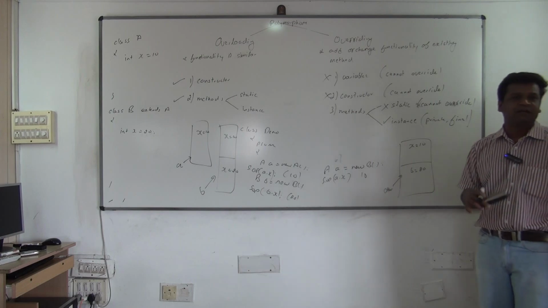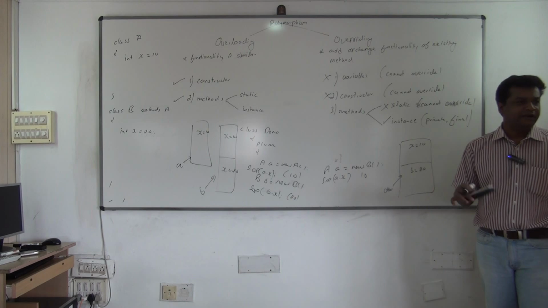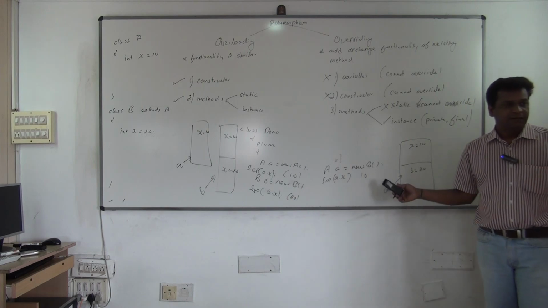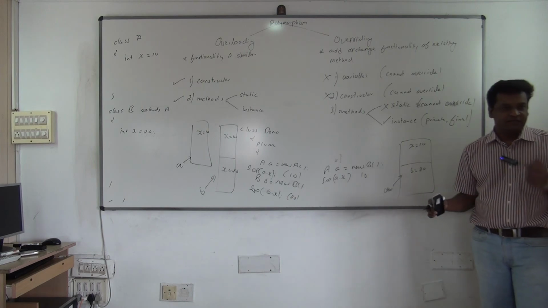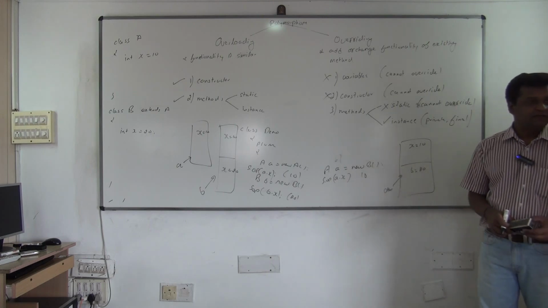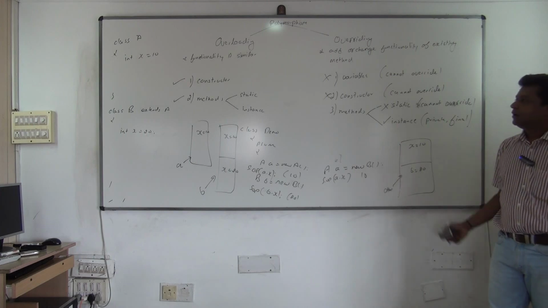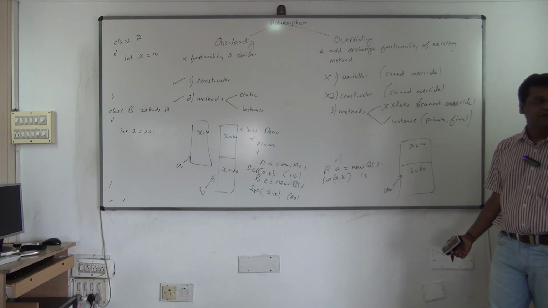So what supports dynamic polymorphism is only called overriding. That's another way of looking at it. Still more examples are pending, but I made a summary of all this now. Shall we clear all this now?